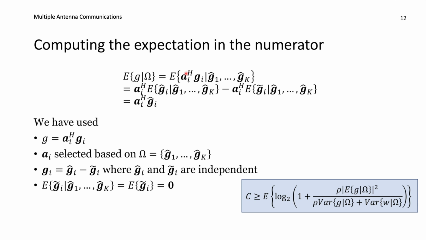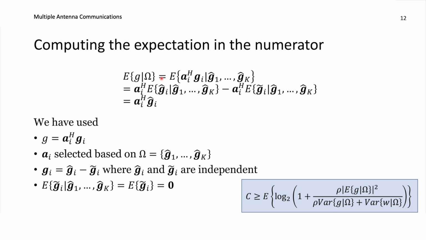Because a_i will be selected at the receiver given the information that the receiver has. So it must be a function of these estimates, or some other choice, but it's not based on any randomness that the receiver doesn't know about. For that reason, we can take a_i and move it in front of the expectation.